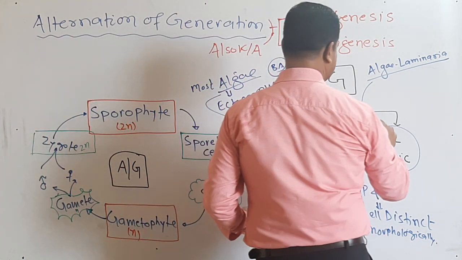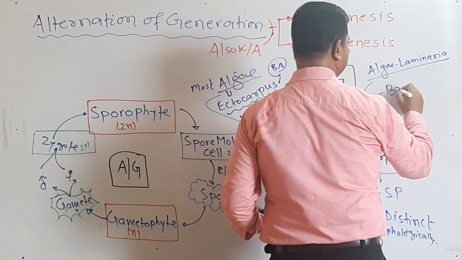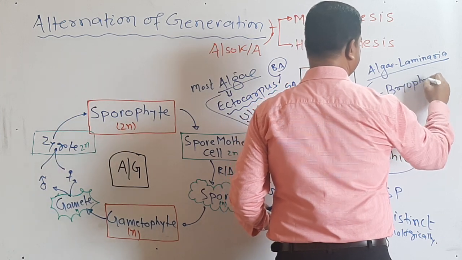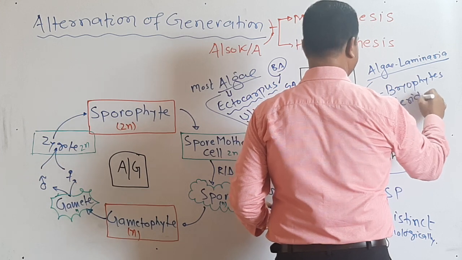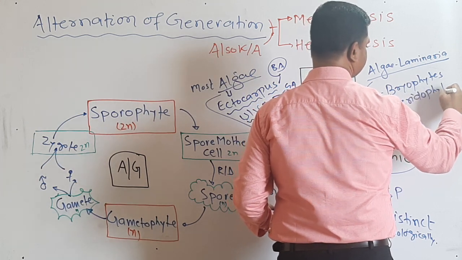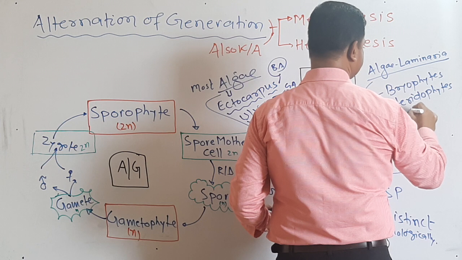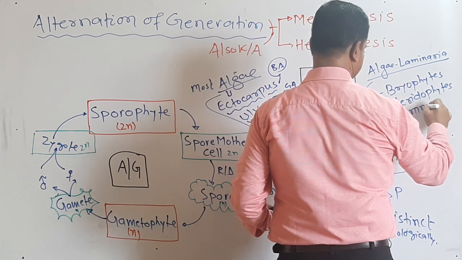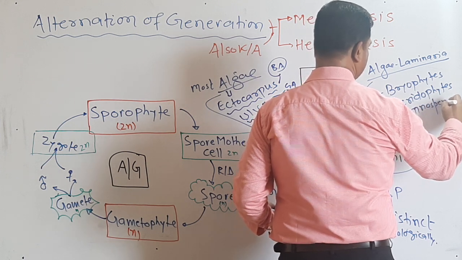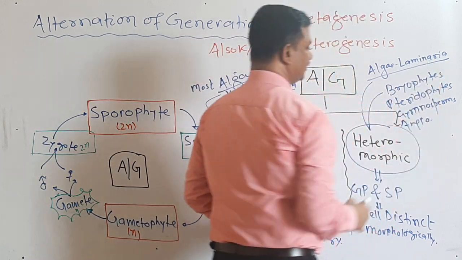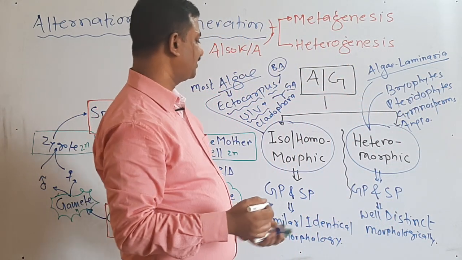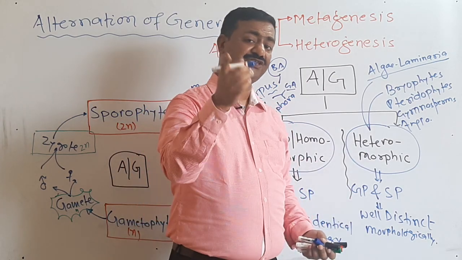Now, besides that, bryophytes, pteridophytes, gymnosperms and angiosperms will execute heteromorphic alternation of generation.